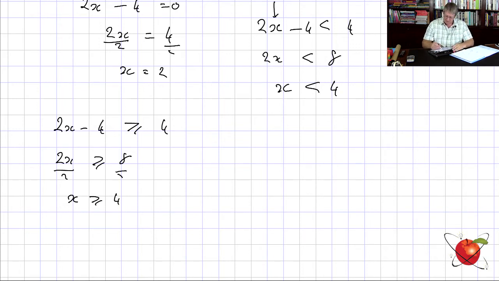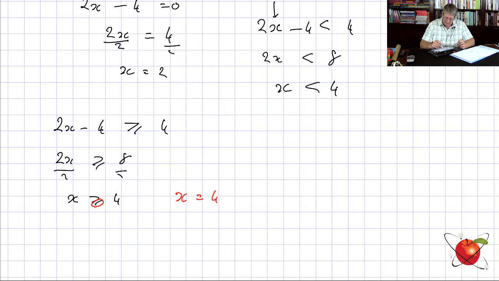Now, in the previous one, if you remember, x can be less than 4. Here, greater than, but here's the rub. Have a look at that little stripe there: it means x can be 4. x can be anything greater than 4, of course, right?